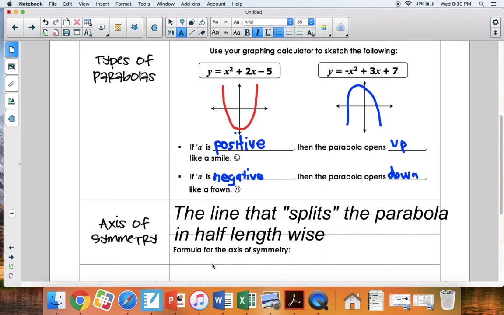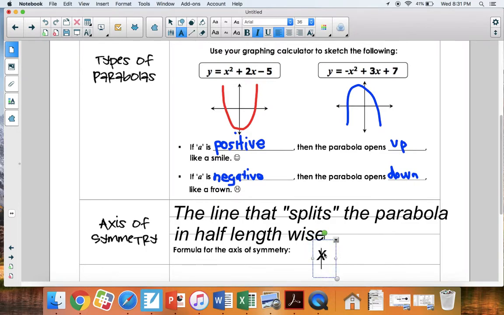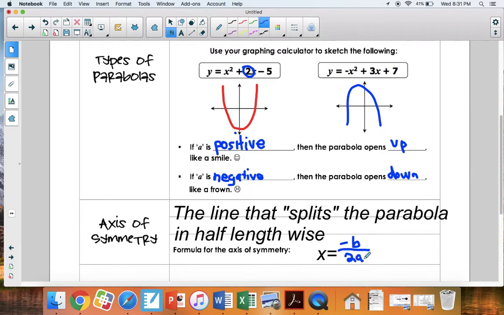And there's a formula to find this axis of symmetry. Did you notice when I came in here to find it, I'm finding x right there? So our formula is x equals negative b over 2a.